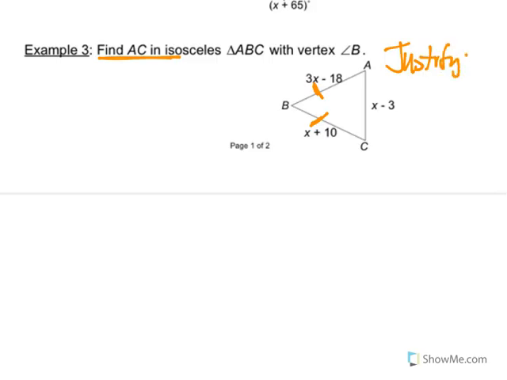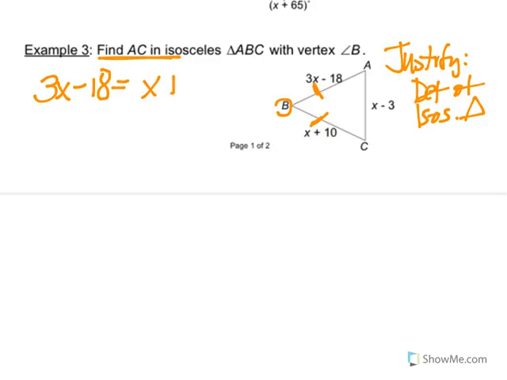That is the definition of an isosceles triangle, because the two legs of the isosceles triangle are always part of the vertex. That's what forms the vertex. So we can say, since those two sides are congruent, 3x minus 18 is equal to x plus 10.